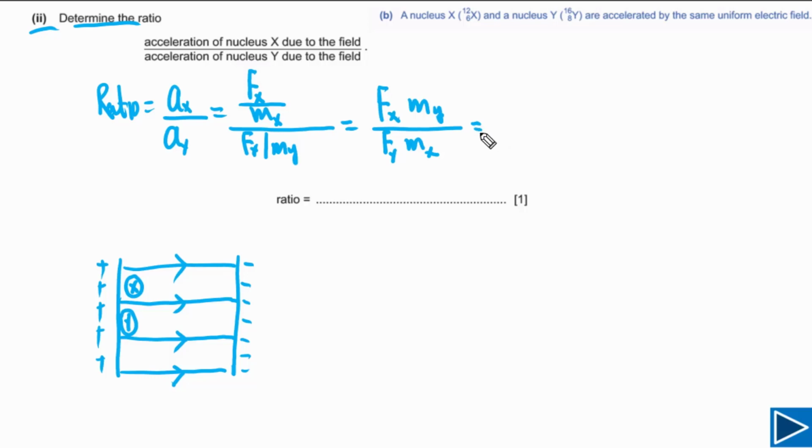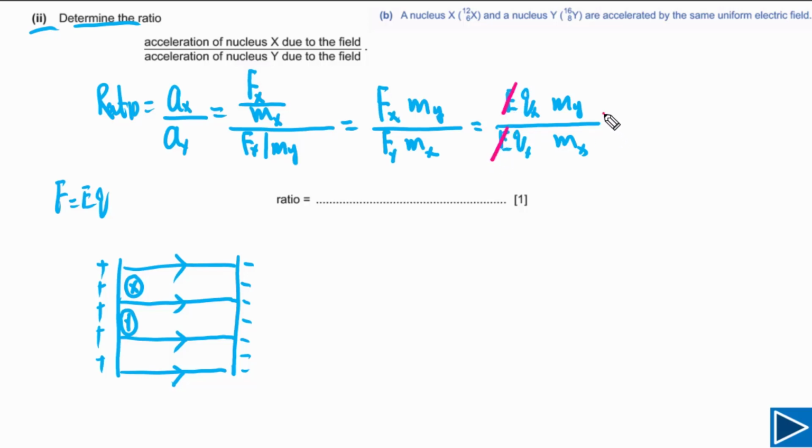We can further simplify. We can see that electric force is equal to EQ, so we can replace F with E times Qx, and here we have the mass of Y. We can do the same for Y: F is equal to E times the charge on Y times the mass of X. Now from here we can simply cancel E, because they are in the same uniform electric field.